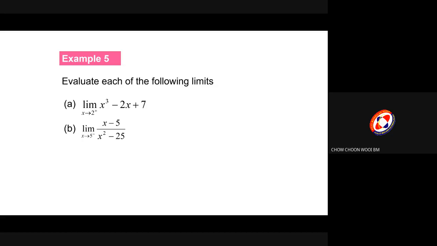Okay. Evaluate each of the following limits. Alright, for this level, lecture 1. To evaluate this limit, same as before, we just substitute the value 2 into f(x). Just replace the value.